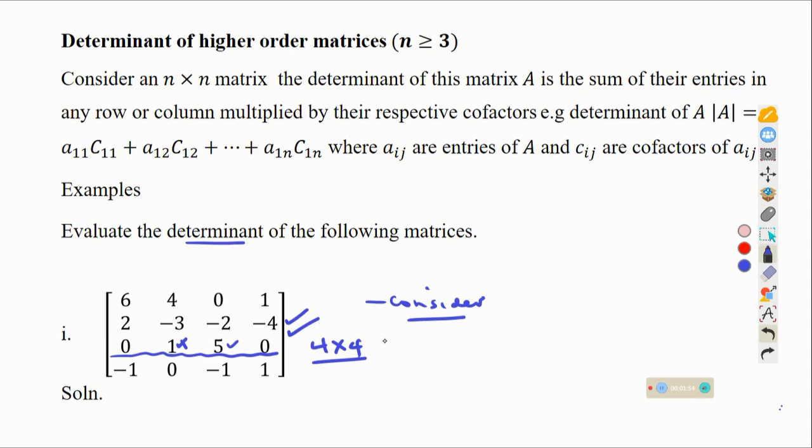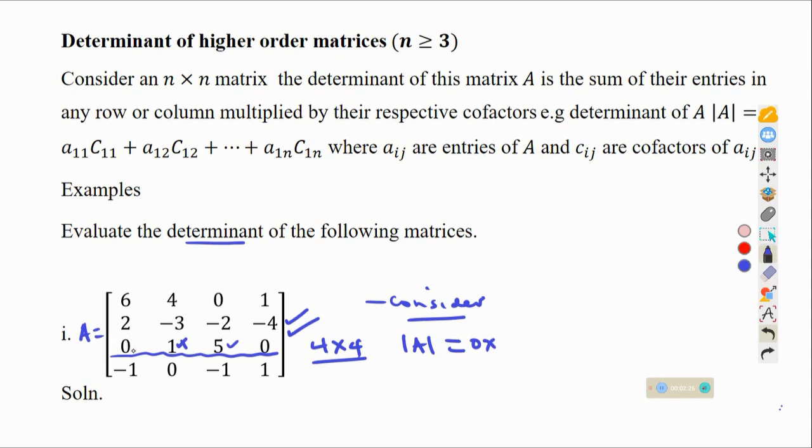We shall see how best we can obtain the determinant. According to what we said, if this is our matrix A, the determinant of A will simply be, if you are considering this row, you look at each of these entries, multiply them by their corresponding cofactors, and add them. So I need the first value, which is 0, multiplied with its corresponding cofactor.